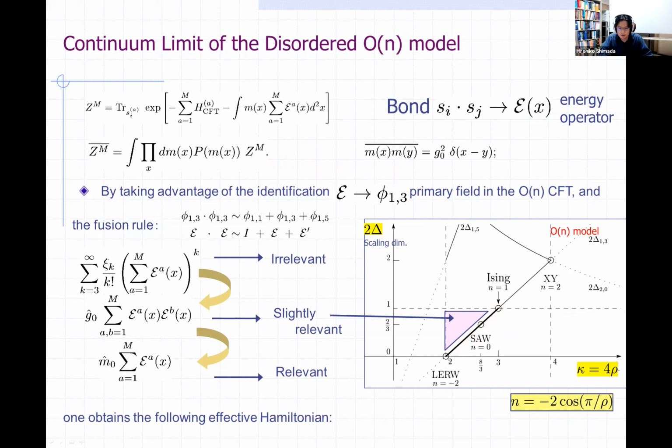So this effective coupling becomes slightly relevant here if n is less than 1. And these higher composite operator terms become very relevant.